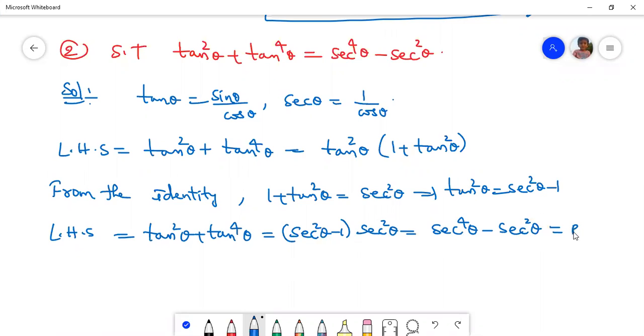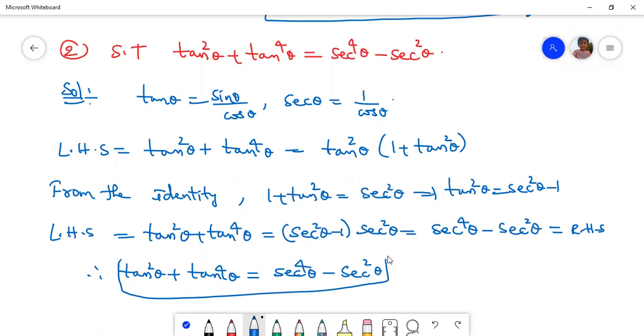It is equal to RHS. Therefore, tan square theta plus tan power 4 theta equal to secant power 4 theta minus secant square theta.